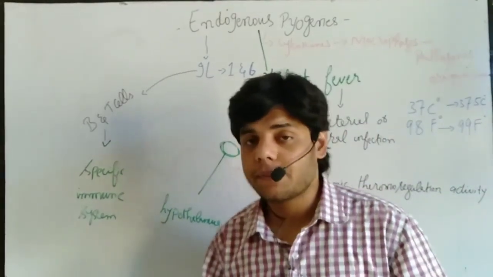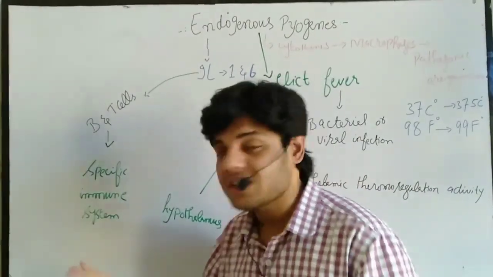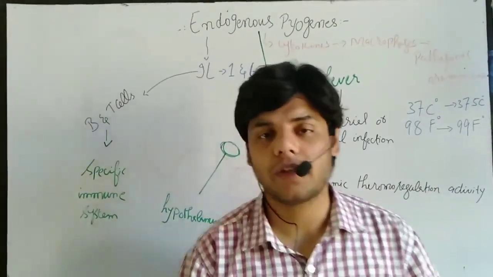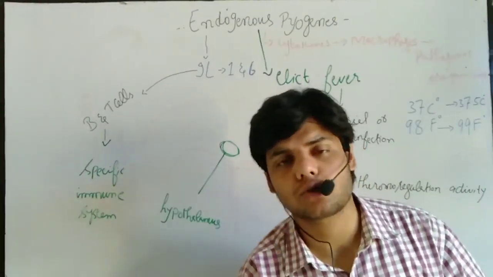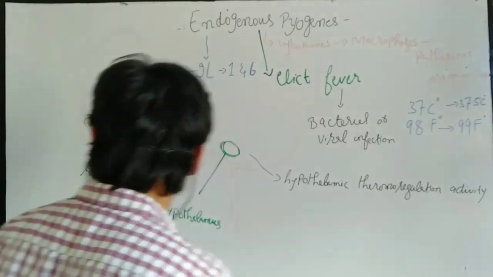And once the specific immune system is activated, not two pathways are activated. Between these two pathways, only one pathway is activated.